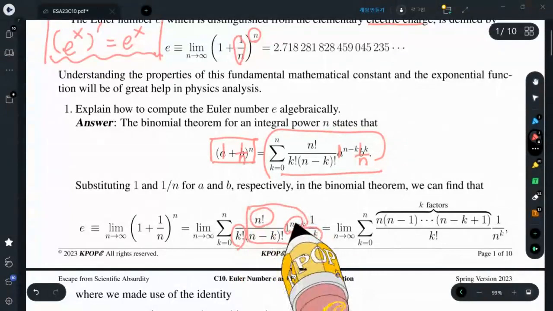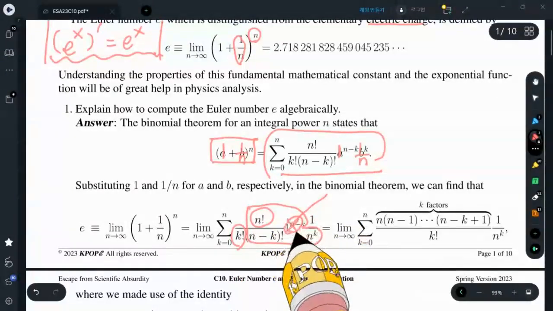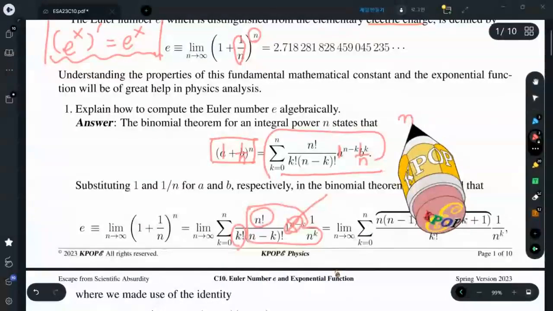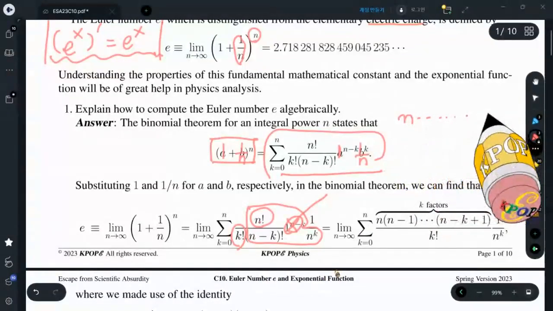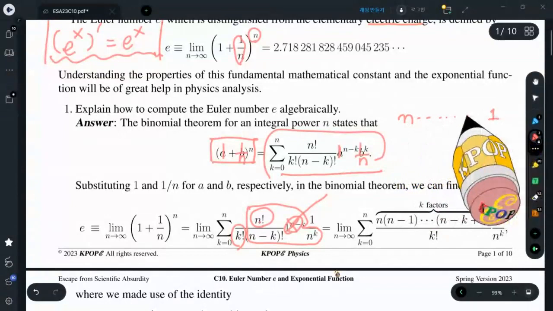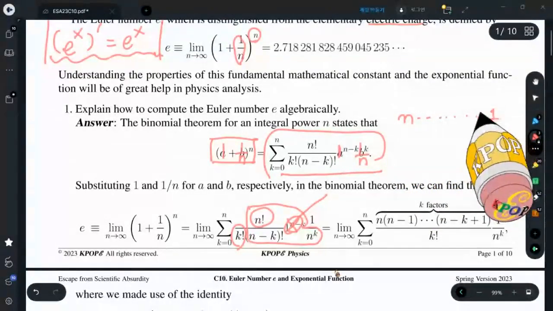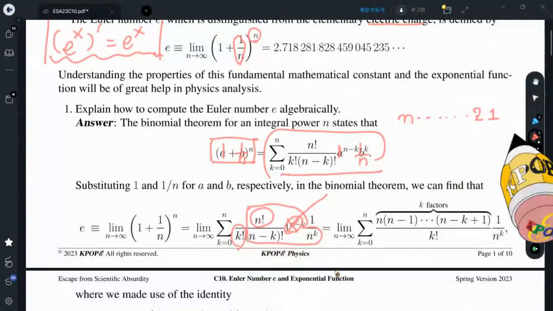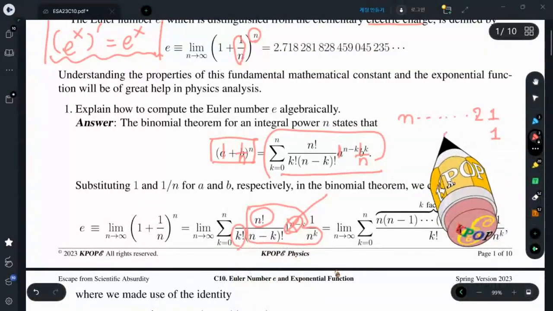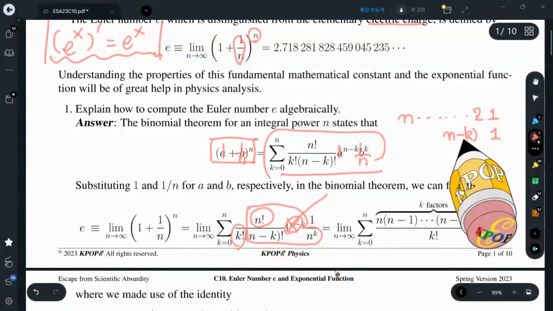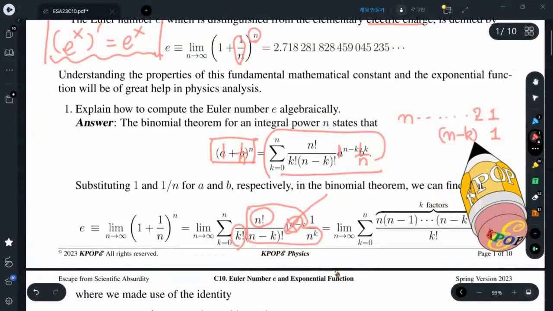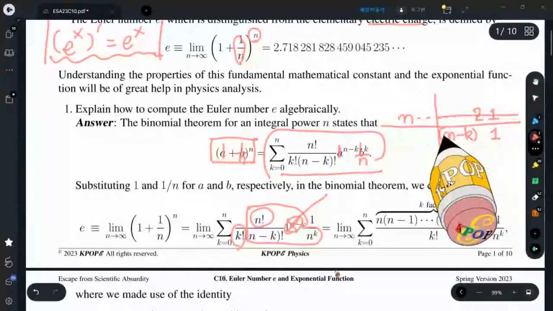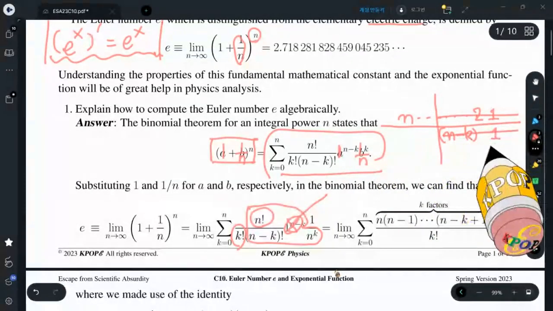And this is trivial. This is 1. So we don't have to worry about this. Let me say this n factorial is the product of n numbers from 1 and so on. This is a product from 1 to somewhere around here, n minus k, because k is a positive number. So we have exact cancellation between these two.